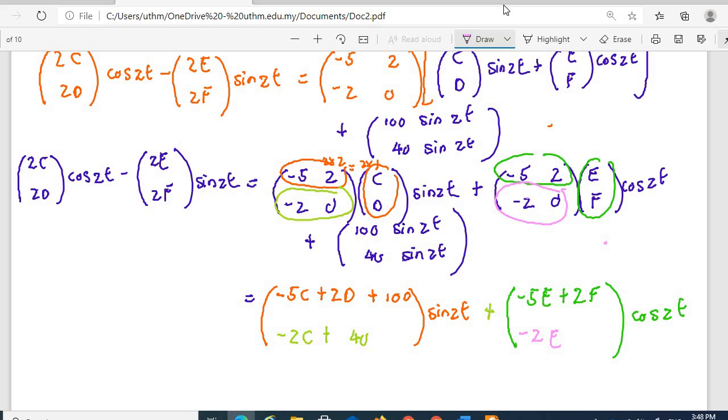For sin 2t, exactly, you will see the red color, row times column. Negative 5 times c plus 2 times d, collect with 100, because here we collect all the sin 2t terms. For the second row, negative 2 times c, this is 0 times d, plus 40. So now you can compare left side, right side.